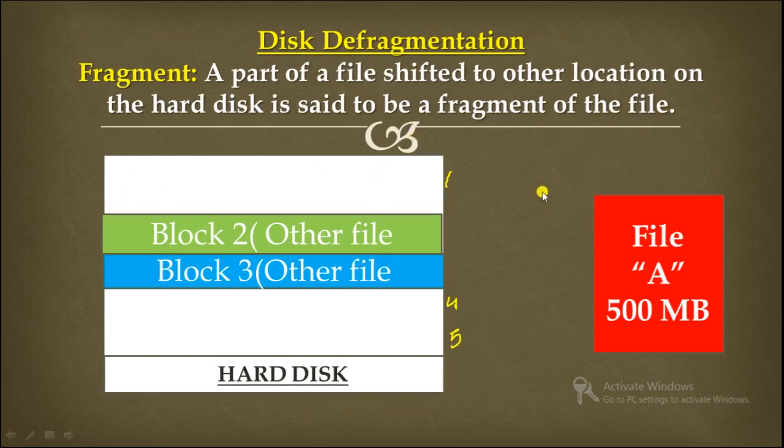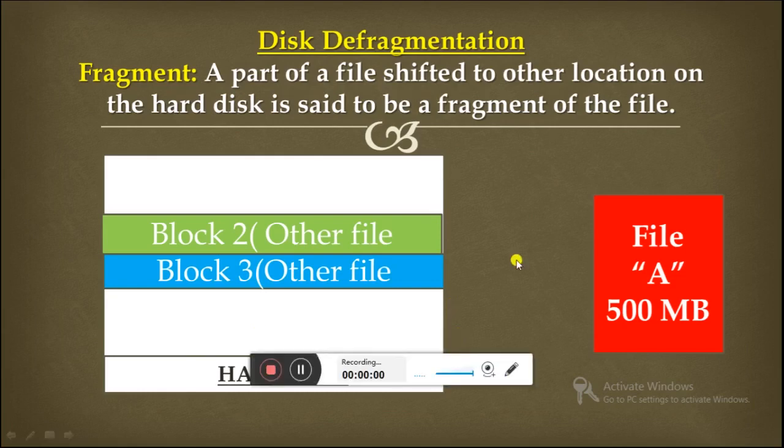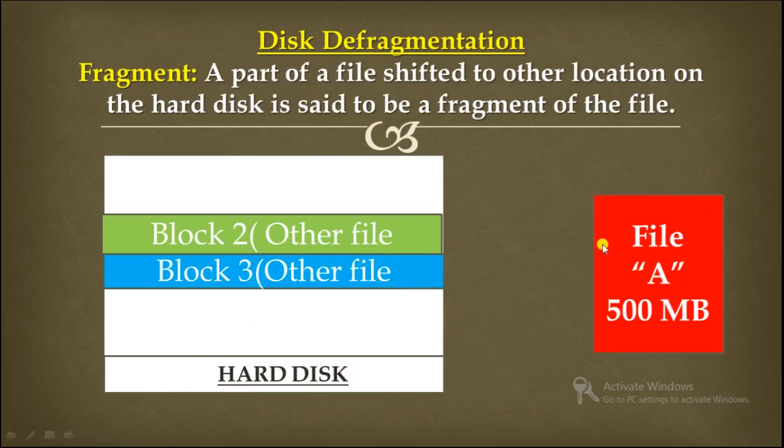As you can see on the screen, on the left side we have a hard disk and on the right side one file which has 500 MB. When you store this file A into this hard disk, the operating system checks for free space and stores the file accordingly.